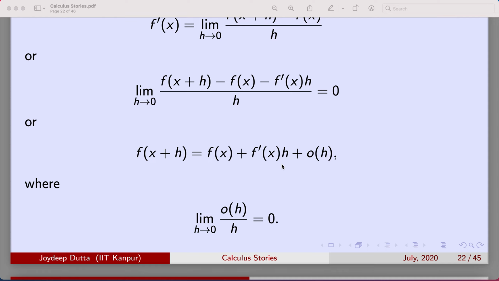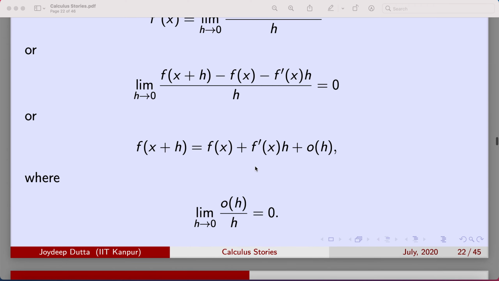So when h is very small at any point x, f of x plus h can be expressed through its tangent values. So that is basically when we magnify and look at the area very near to a point x, it will look almost straight. That's the idea.